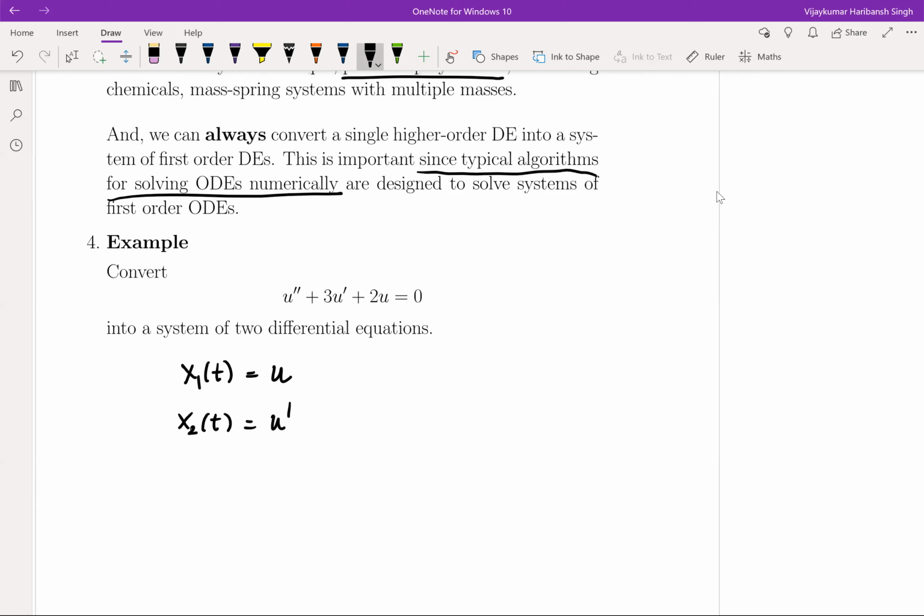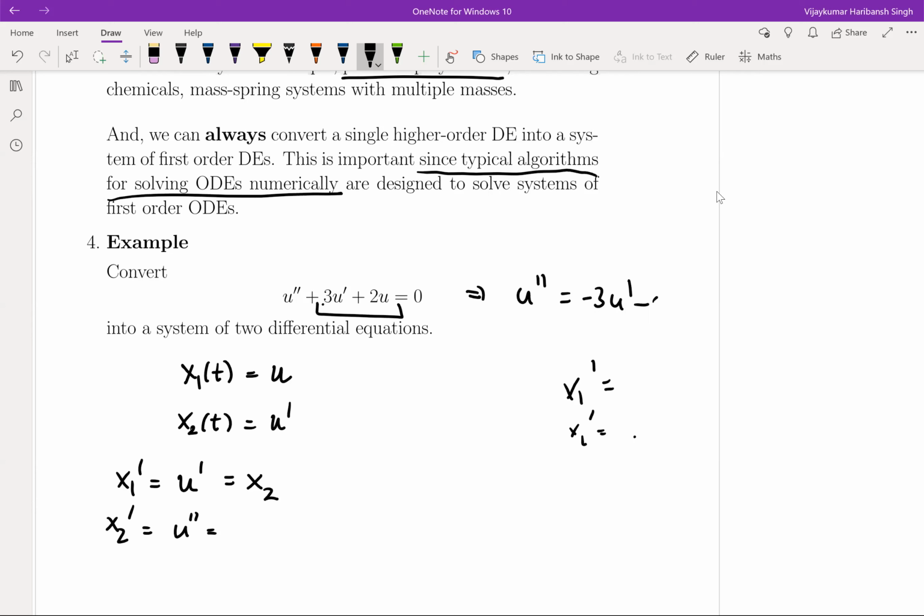So my system of equations is x1 prime equals something, x2 prime equals something, right? So let's see here, what do we get? We get x1 prime equals u prime, which is going to be x2. And my x2 prime is going to be u double prime. And what is my u double prime? From here, I can see that u double prime is minus 3u prime minus 2u.